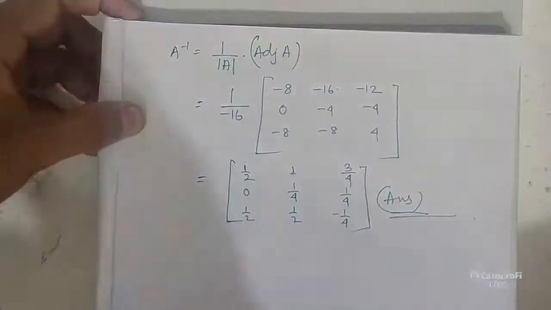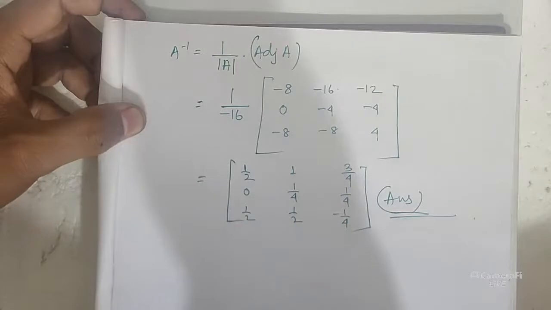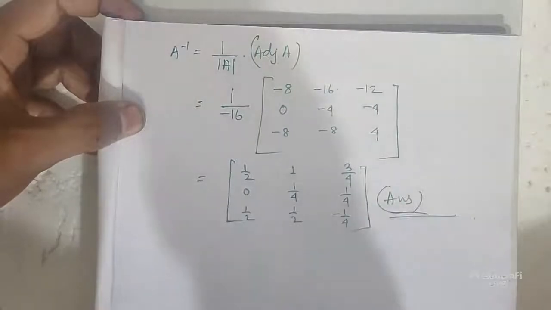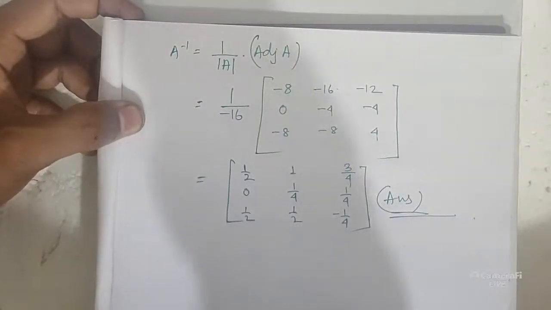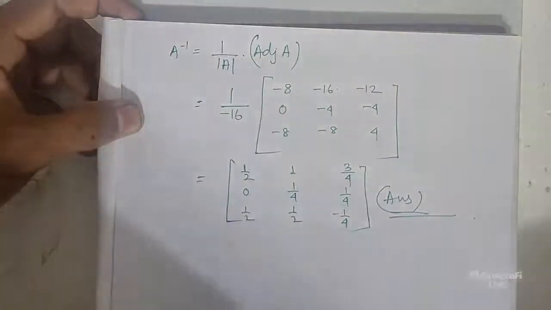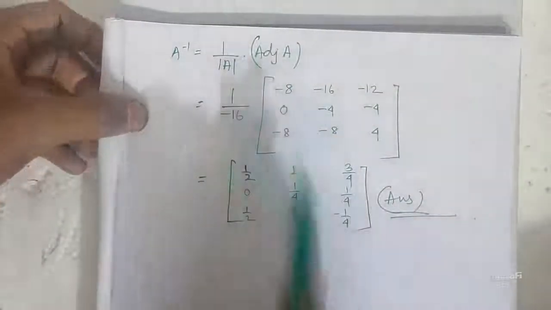Okay, in this way we have to find inverse of any matrix with the help of adjoint. So two methods are there to find the inverse. One is elementary operations. Using elementary row or column operation you can find the inverse of any matrix. And second one, by using adjoint.